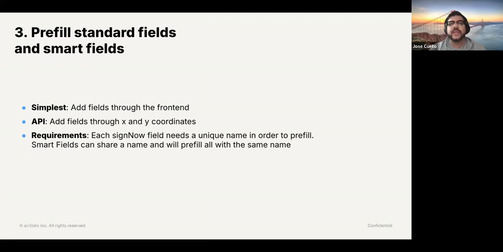And then we have another one that we call smart fields, which will be basic text on the document itself. This is not changeable by the signer. This is placed on the document. That information to place it directly on the document can be done through smart fields, or it can be done through X and Y coordinates.